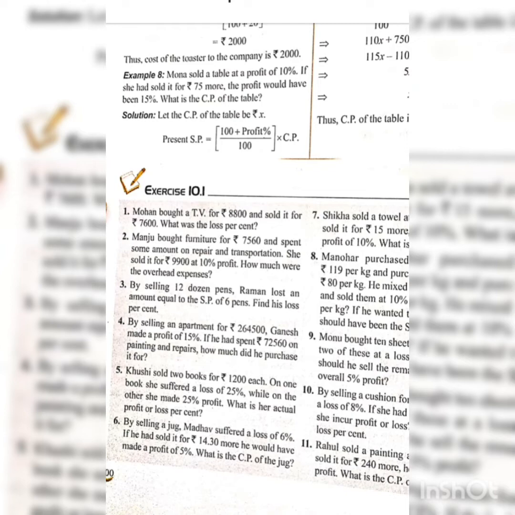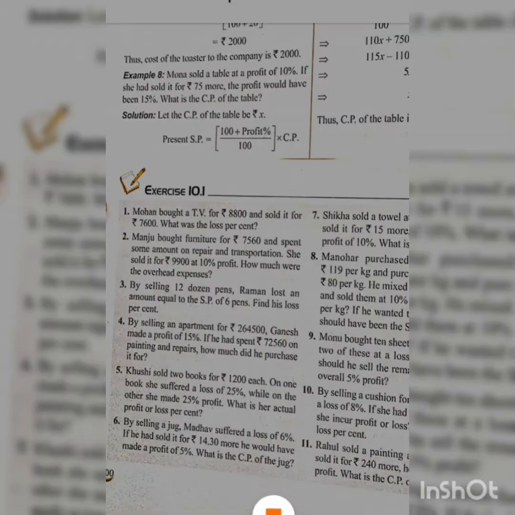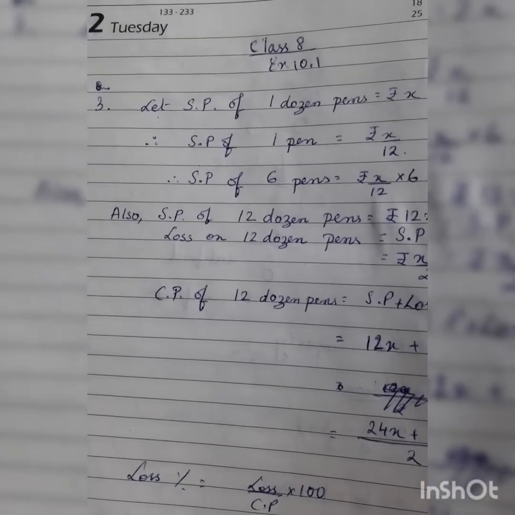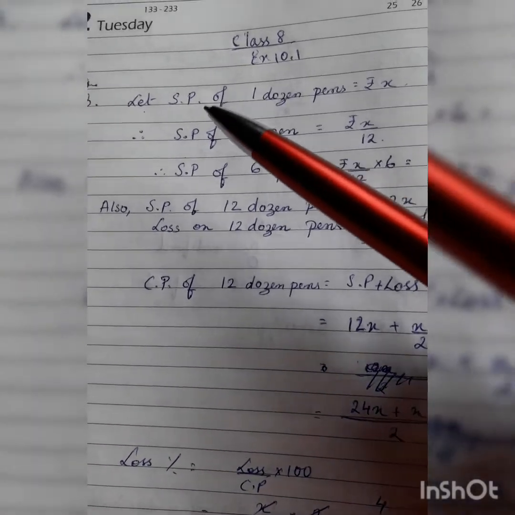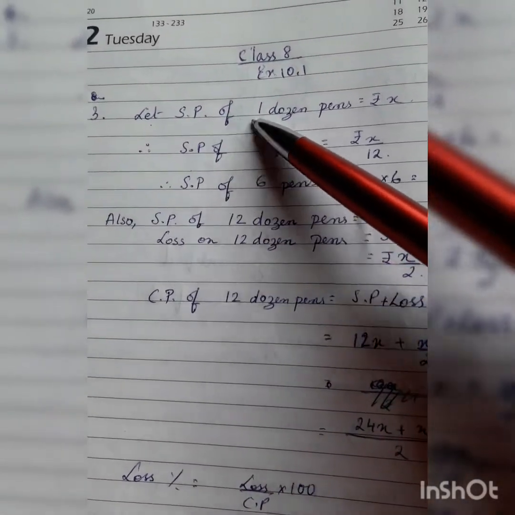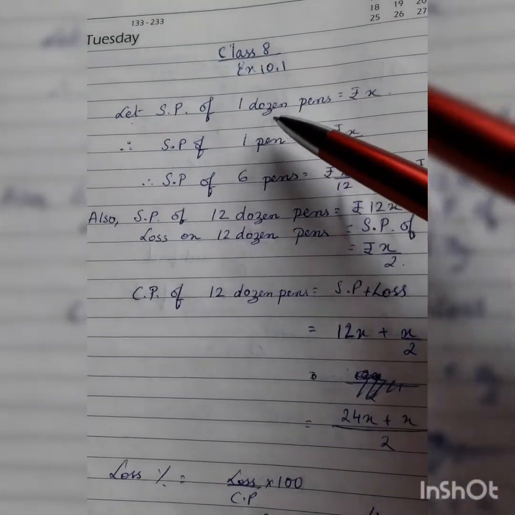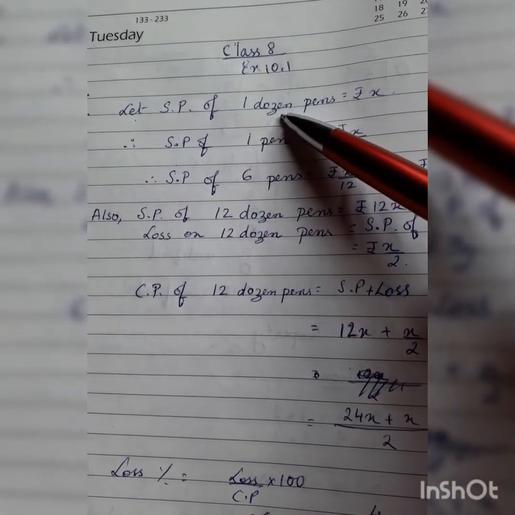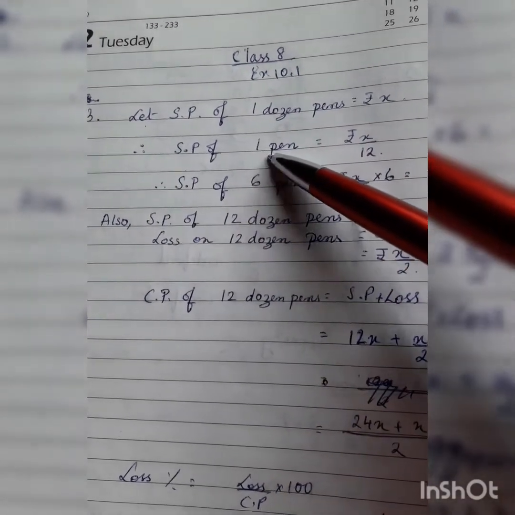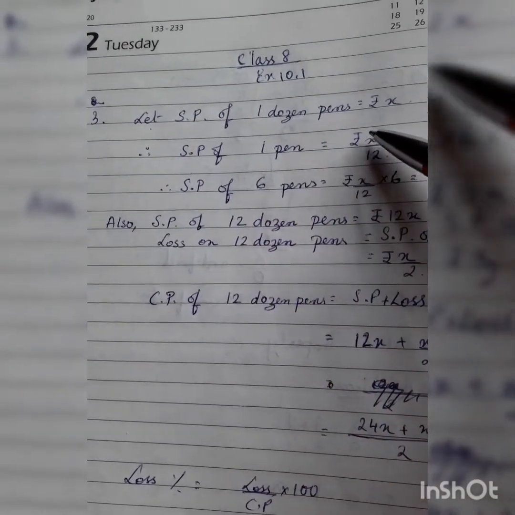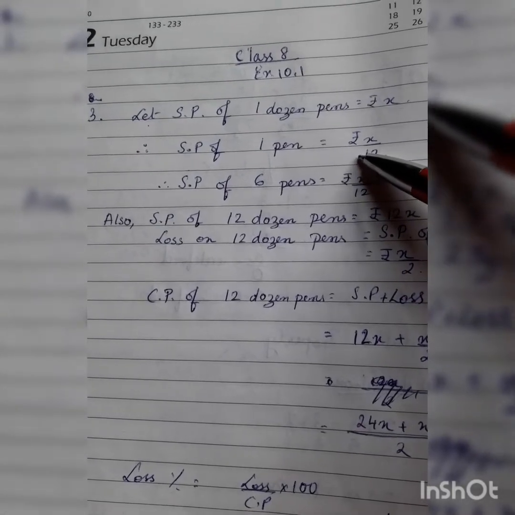So let us do the sum in this process. Let's start. So children, as you can see, I have taken the SP of 1 dozen pens as rupees X. 1 dozen means 12. Therefore, SP of 1 pen will be equal to rupees X by 12. Why?